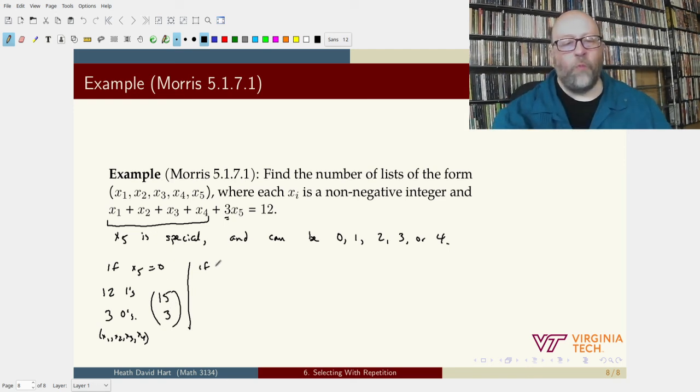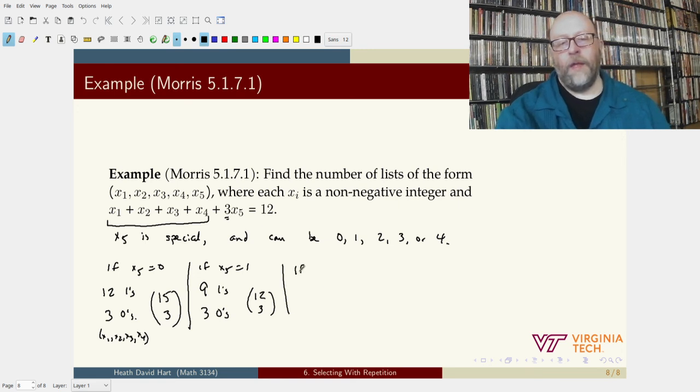If x5 is 1, then we have 3 already here, which means these only have to make up 9. So we need 9 ones and 3 zeros. And that's 12 choose 3. If x5 is equal to 2, then 3x5 makes 6, and so x1 through x4 have to make up the other 6. That would be 6 ones and 3 zeros, which is 9 choose 3.